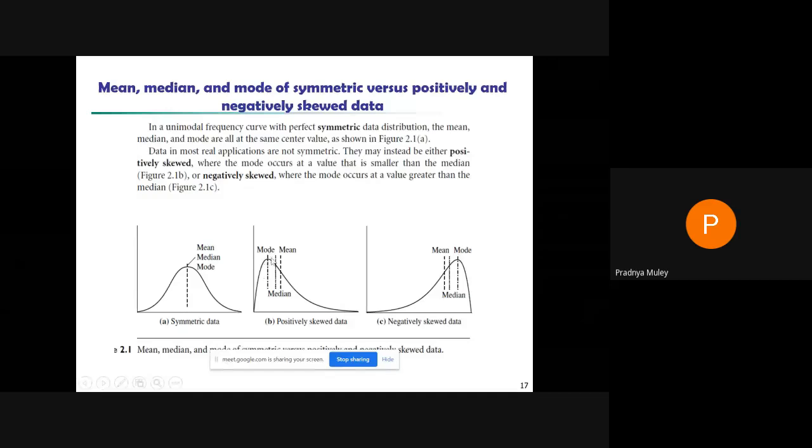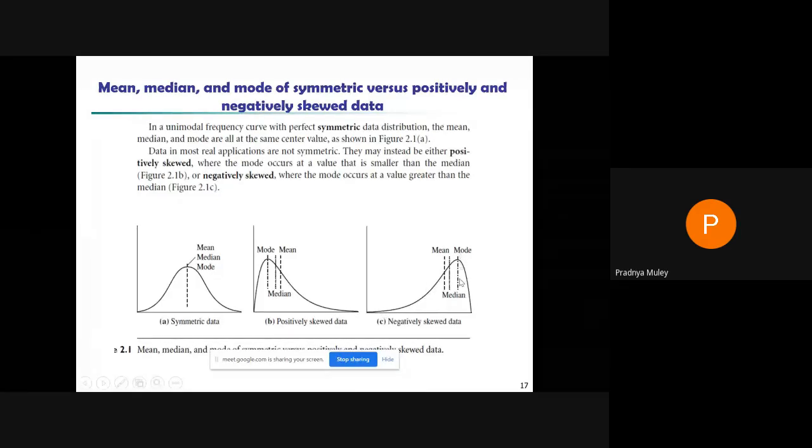Here three bars are shown. First one is the mode, then the median, and then the mean. This is called positively skewed. If we look at this graph, it is going upward and then going downward, so it is positively skewed. Now, what is negatively skewed? Initially it is less, then it goes up and down.